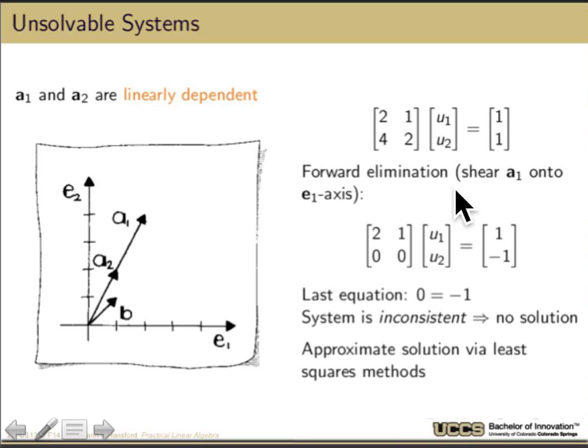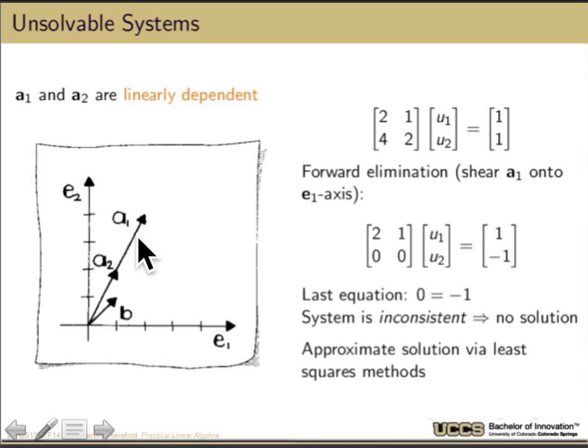And if I go to do forward elimination, if I want to shear A1 onto this axis, when I do that, because these are parallel, I will also be shearing A2 onto this axis, and I'll get an equation that looks like 2U1 plus 1U2 equals 1, and 0 times each of these equals minus 1. That last equation of 0 equals minus 1 is not valid, so this system is inconsistent. There is no solution that will satisfy this equation.